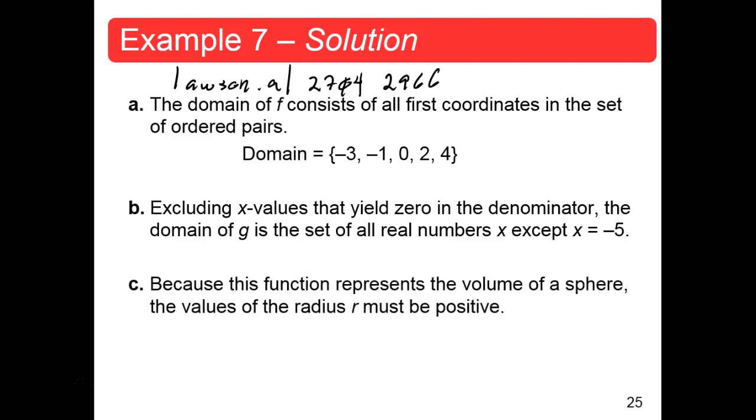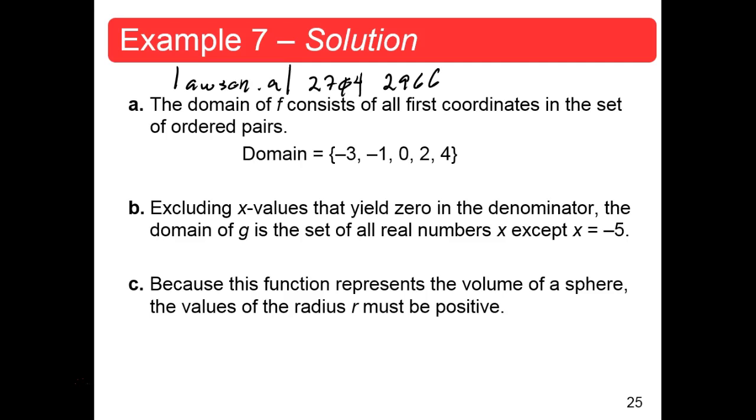Here's the C one. Because the function represents the volume of a sphere, the radius must be positive. You can't have a negative radius. And this goes for lengths too. If it says the length of a rectangle, blah, blah, and you're looking for the length, guess what? Draw me a rectangle with a negative length. Show me one, okay? I want to see it. You can't do it. Or a 0 length, that's a straight line.